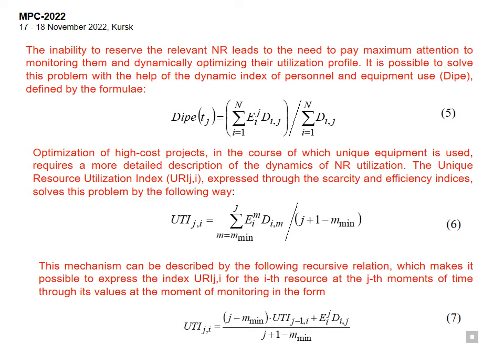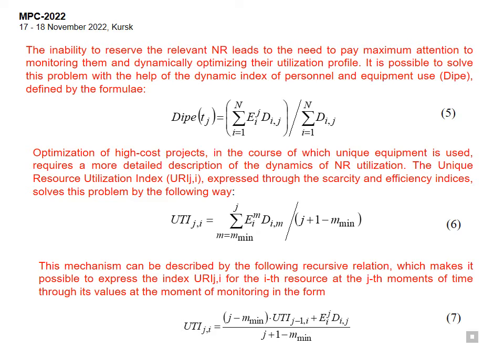The inability to reserve the relevant NR leads to the need to pay maximum attention to monitoring them and dynamically optimizing their utilization profile. It is possible to solve this problem with the help of the dynamic index of personnel and equipment use of the type defined by the formula.